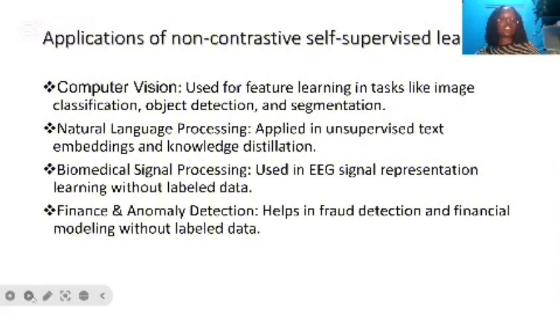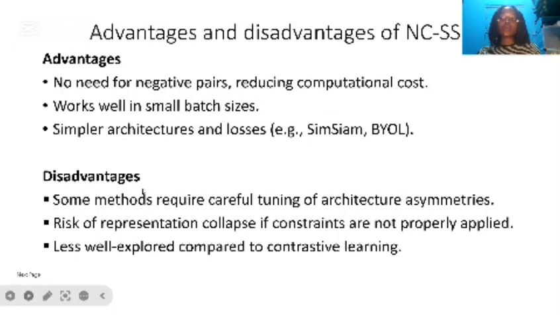So moving on to the next slide, we have the advantages and disadvantages of non-contrastive self-supervised learning. So one of the advantages is we don't need negative pairs, and this reduces computational costs because it becomes more efficient and feasible for small data sets.